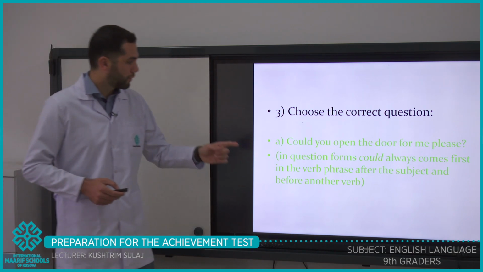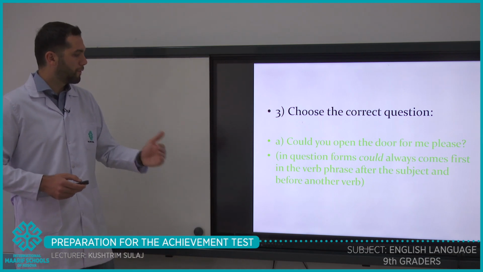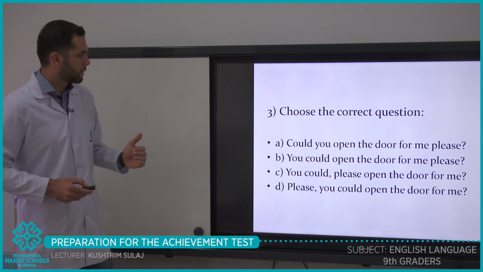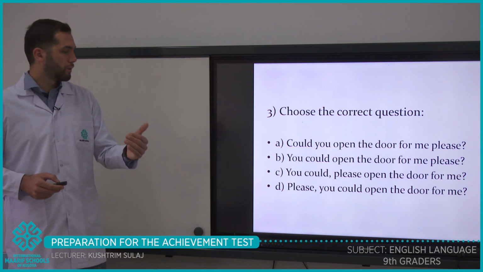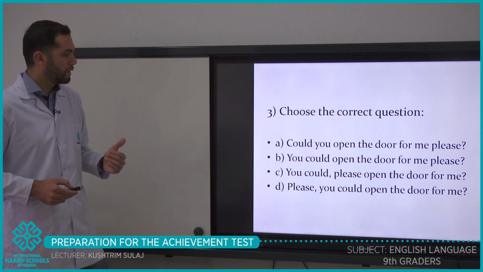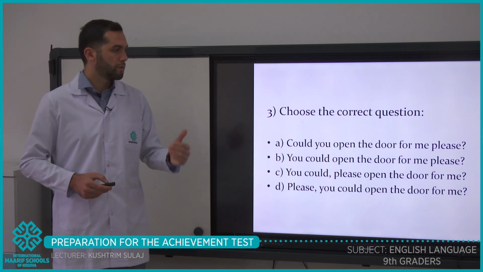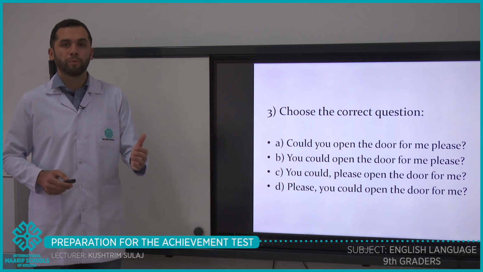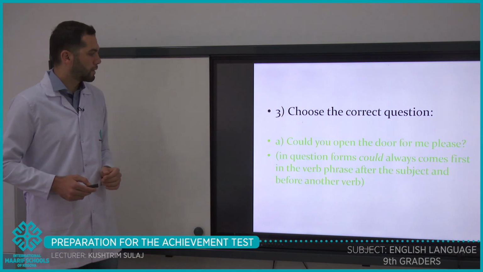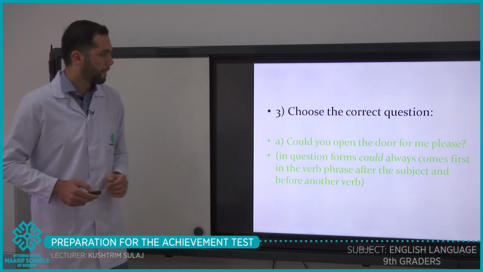Again, in question forms, could always comes first. So, not you could or please you could. But if you make a question, could comes first. So, could you open the door for me, please, is the best answer.